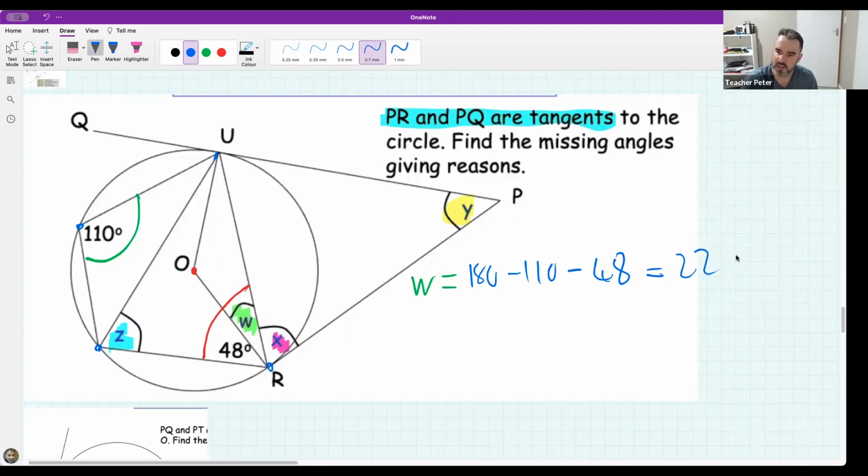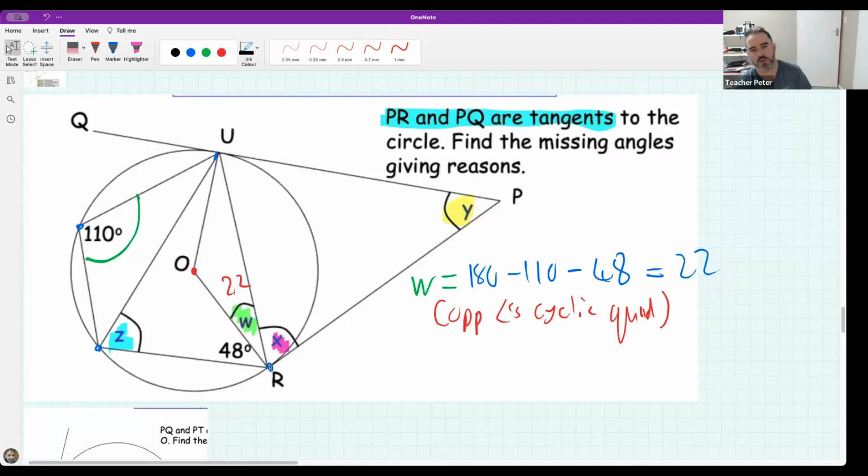And that would be, not the tan chord, that would be the opposite angles cyclic quad theorem. And this is going to be 22.